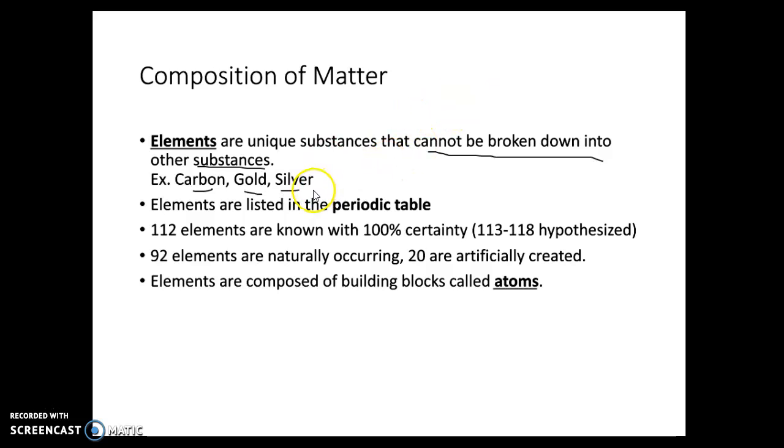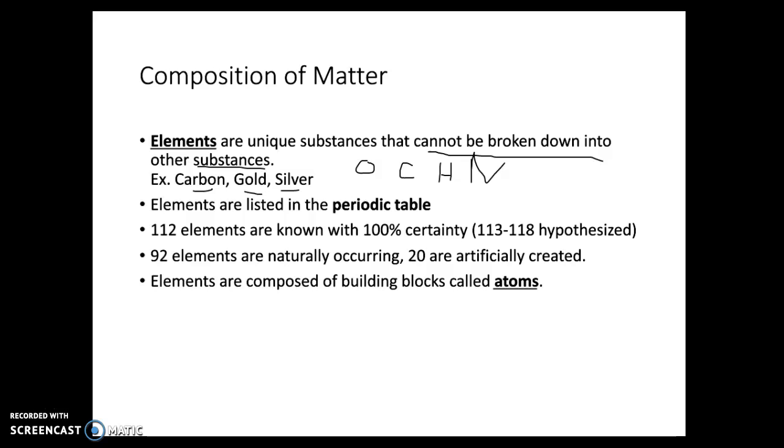So the most common elements in the human body are oxygen and carbon and hydrogen and nitrogen. They make up 96% of our body, and then everything else, less than 4%, is things like calcium and phosphorus and potassium, which are there in trace elements.